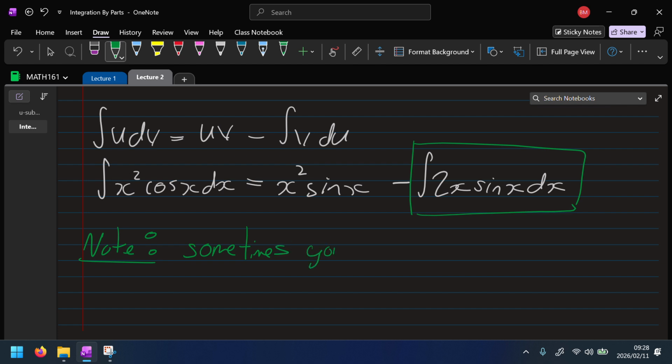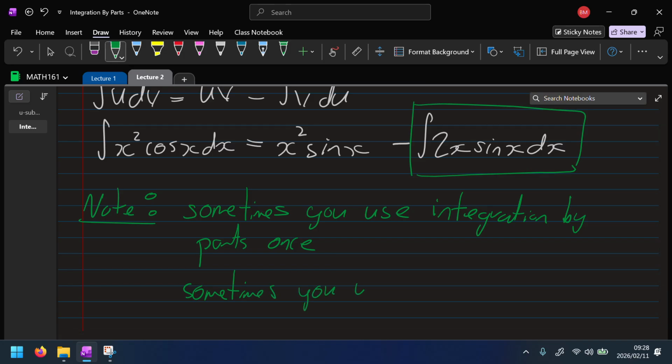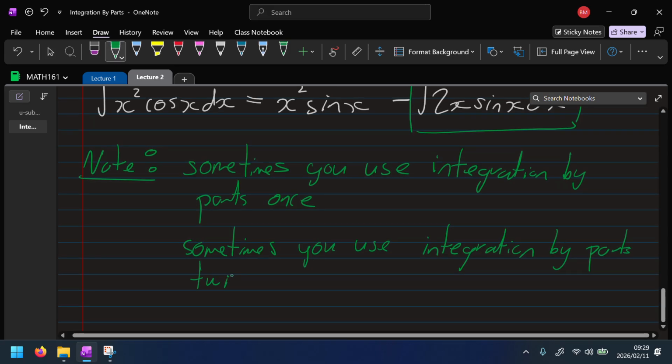So sometimes you use integration by parts once, like we had in the first example. Sometimes you have to use it twice, like in this case. And sometimes it's a mix.